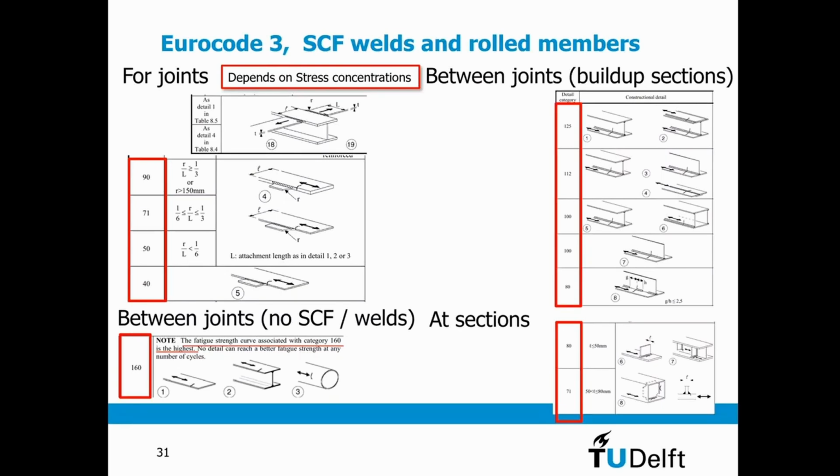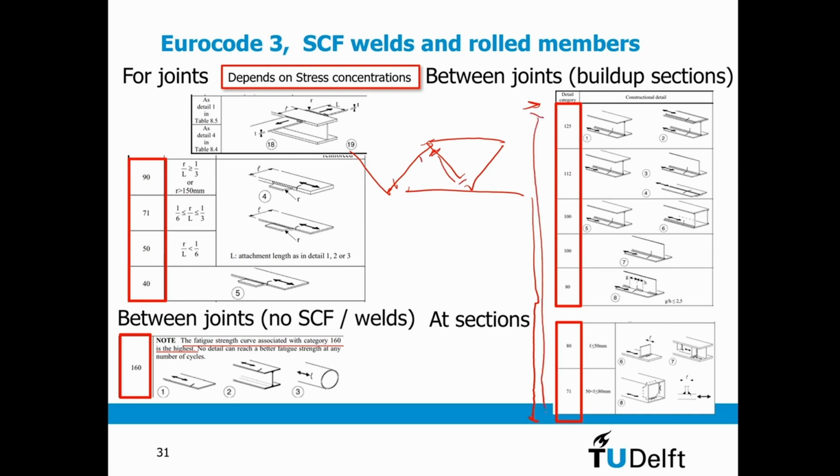Okay. Besides the weld quality, you can also take into account the welds which are between members. If I have some kind of lattice structure, for these long members which are not at the end, there is no stress concentration.